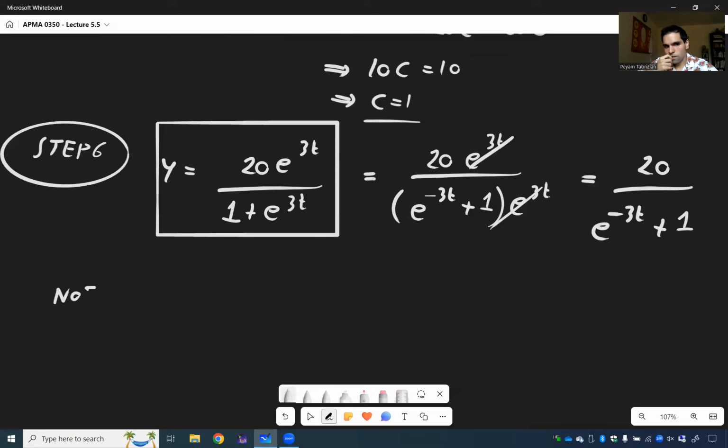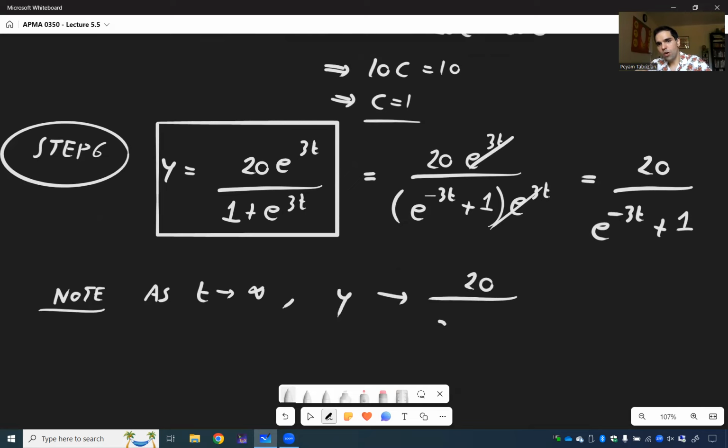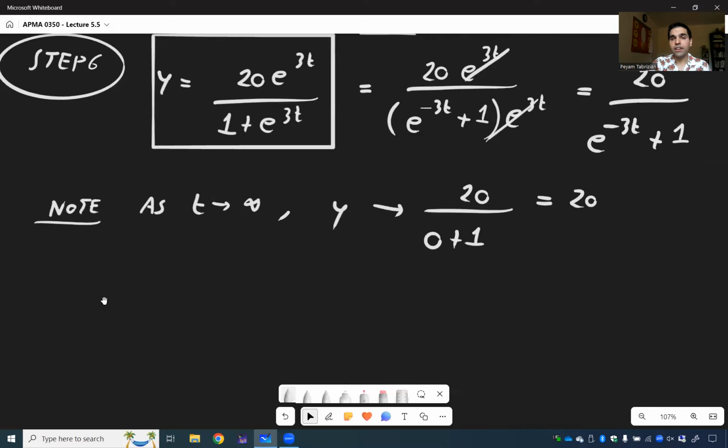So note, as t goes to infinity, y goes to 20 over 0 plus 1, which is 20, which confirms our suspicions that we had before, because remember, what was the idea?